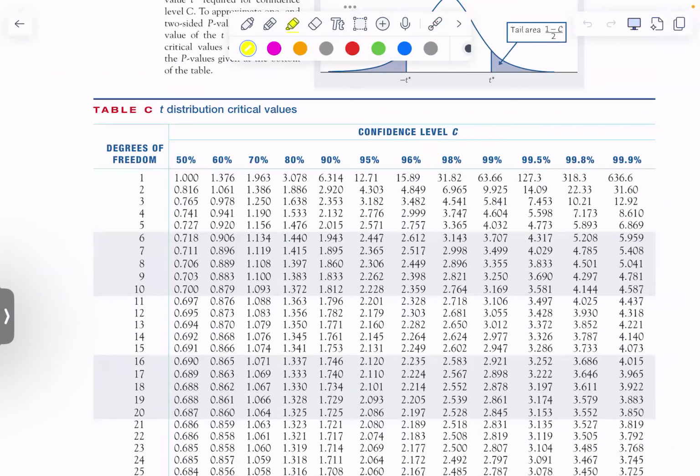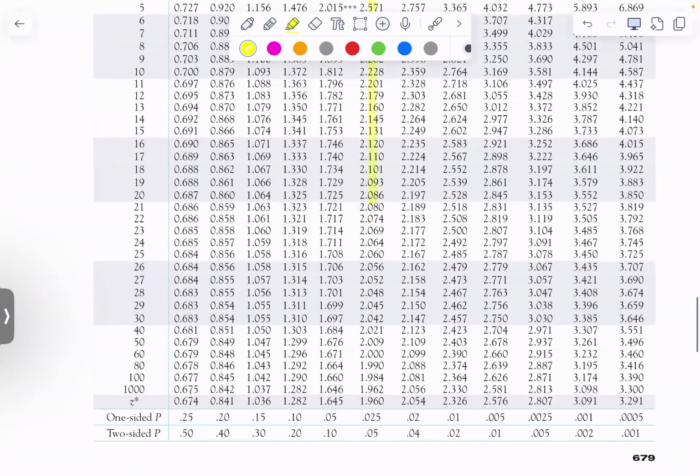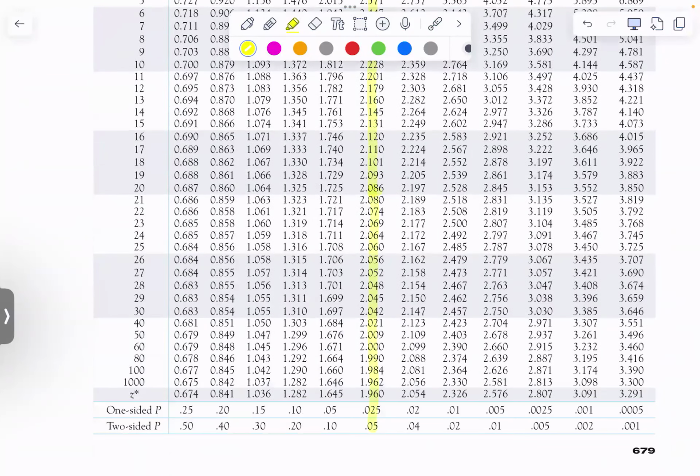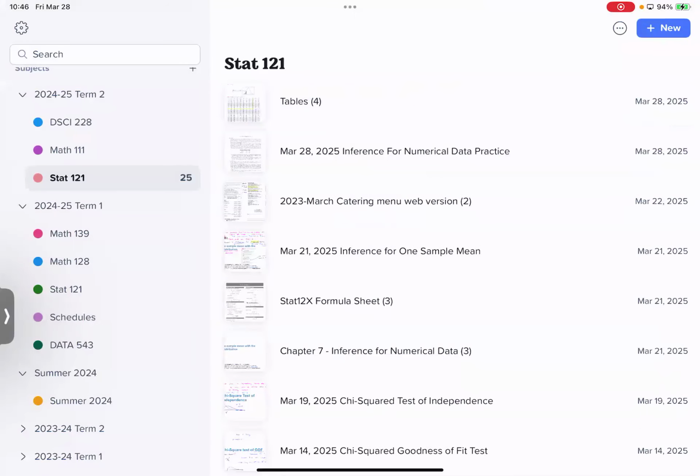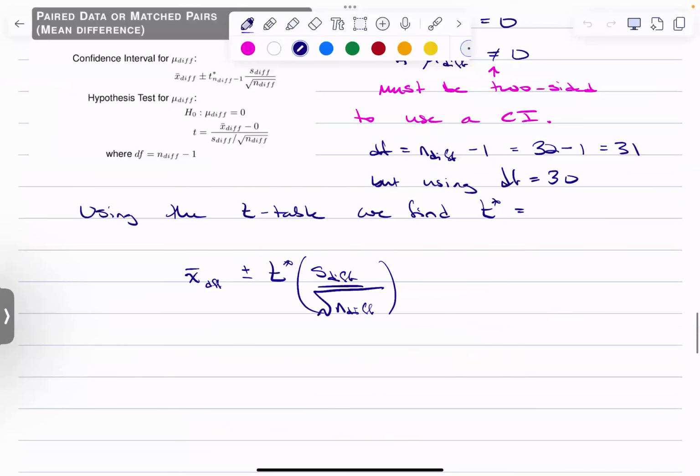Instead of going all the way down to the bottom, we go to our 30 degrees of freedom, and we find that our T star is 2.042, which is similar to the Z of 1.96.